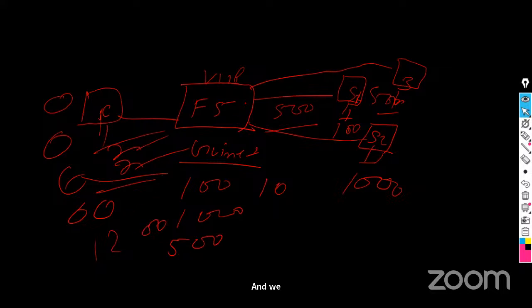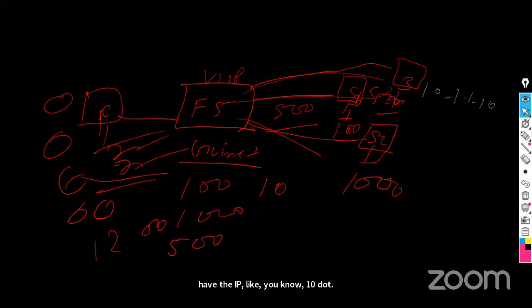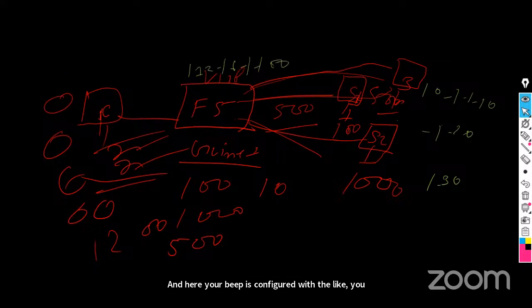What F5 will do, in normal load balancing, is pass one request to here, one here, and one here. On the backend servers you have the IPs 10.10.1.10, 1.20, 1.30, and your VIP is configured with 172.16.1.100.